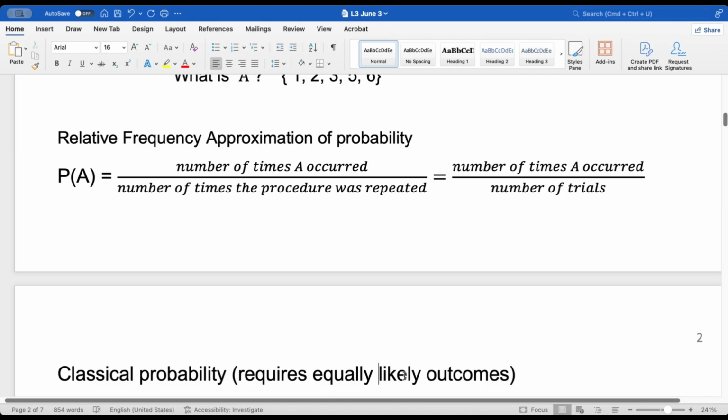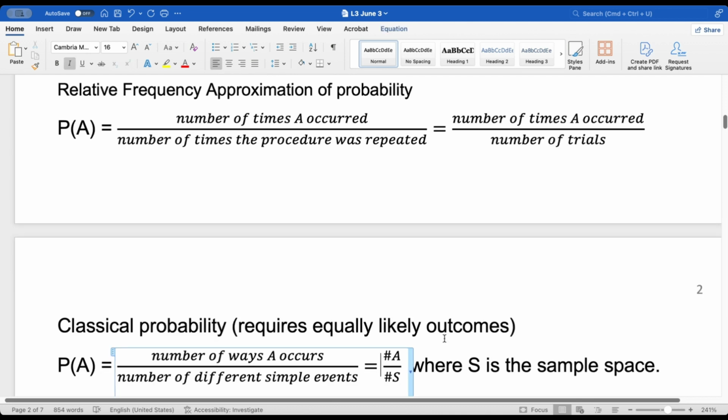Now, classical probability requires equally likely outcomes, and that is based more on some type of formula. So it's the number of ways A can occur divided by the number of different simple events in the sample space.